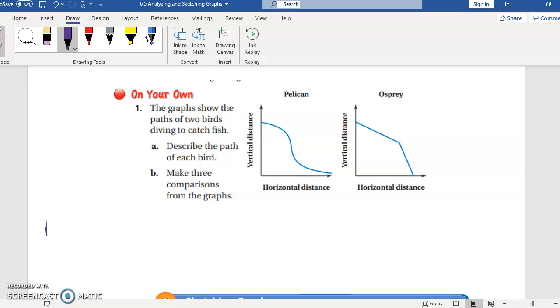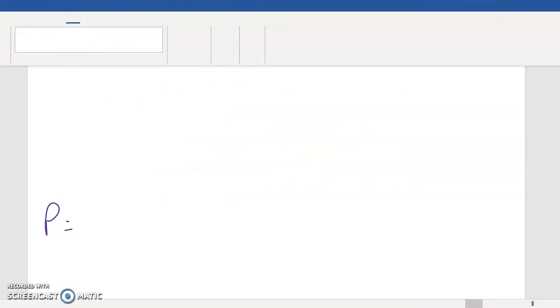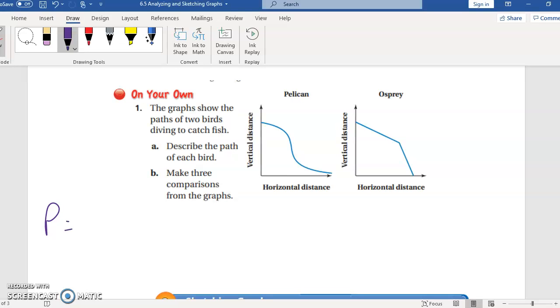All right, so the pelican, which I'm just going to put as P, it looks like it descends slowly. Right here, it's descending kind of slowly, then more quickly, and then slowly again as it's approaching the ground.